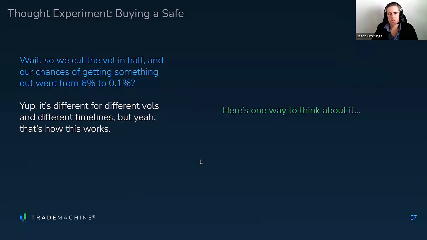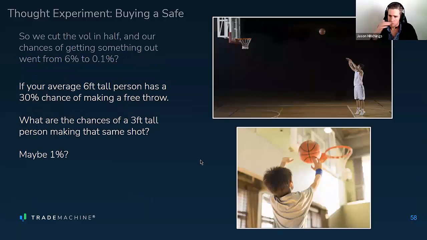This is just a mental metaphor, but here's one way to think about it. Let's say you had a 6-foot tall person at random. They don't have to be a basketball player, trying to make a free throw. Maybe a basketball player makes 60, 70, 80% of their free throws, but you take a random person, maybe they can make it 30% of the time. Now, if you take someone that's 3 feet tall and tell them to make a free throw, you're probably looking at a 5-year-old kid.